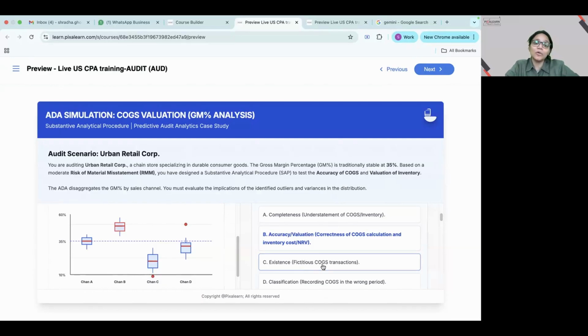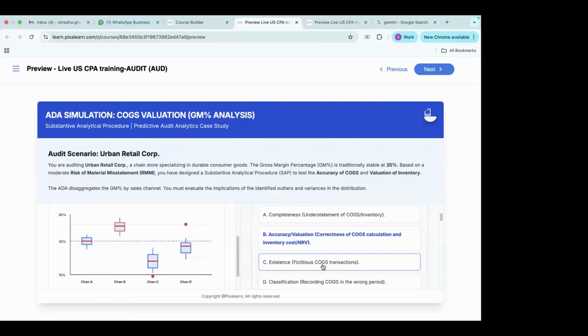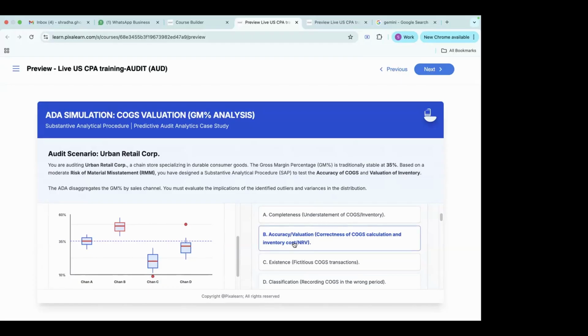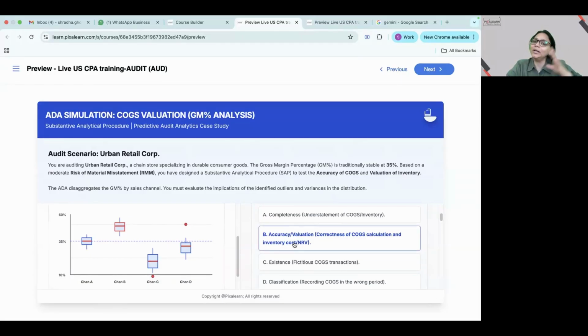See, this only talks about COGS, even if it uses the word occurrence and not existence with it. And there also the primary assertion would be understatement and not overstatement. So ideally, you should have thought about completeness for COGS and not existence for COGS. Do you agree? Yes. So this is theory. We are not yet correlating it with the graph. We are relating it with the approach.